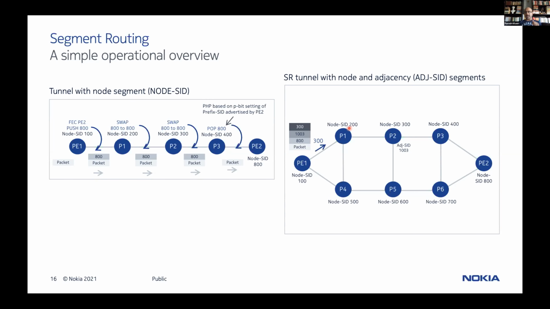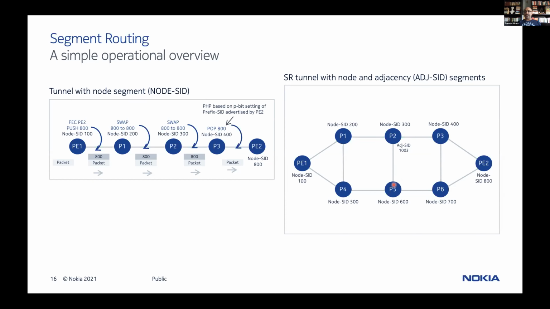So in this case here, let me talk you through this. It's a slightly bigger network than we had before. And so each of these nodes has a node SID, as it does in a segment routed network. In addition, we see that we've specified an adjacency SID between P2 and P5.